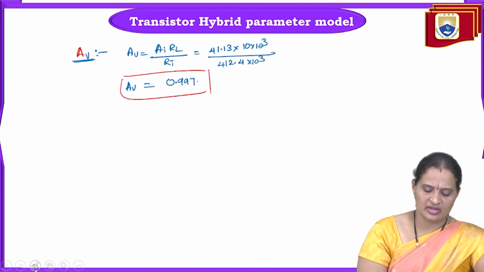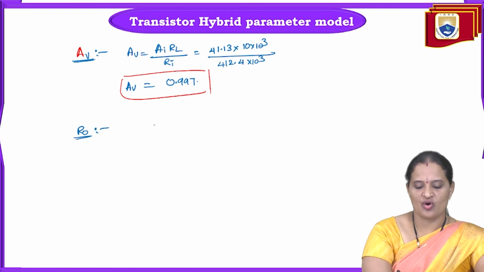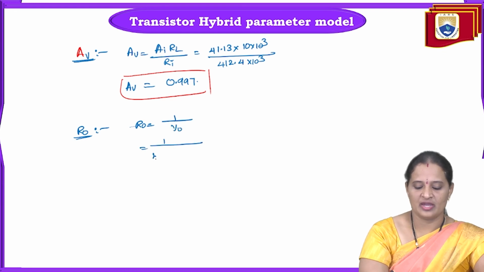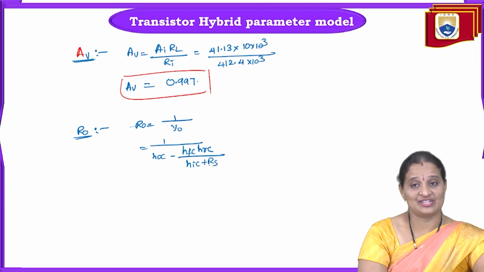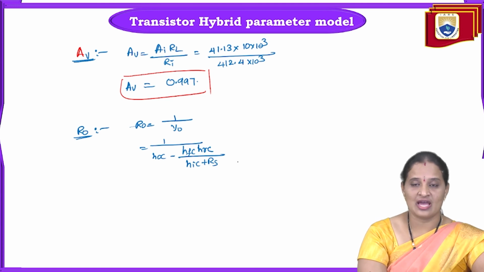And similarly, you can also find out the output impedance. You already know the formula. The output impedance R0 is equal to 1 by Y0, where Y0 is HOC minus HFC into HRC divided by HIC plus RS dash. Actually RS dash we should use, but no other elements are there. We can directly take it as RS.